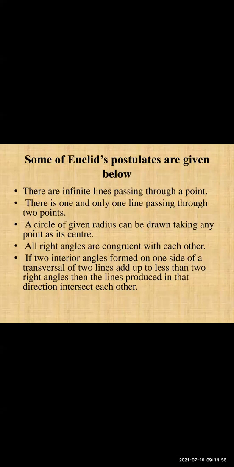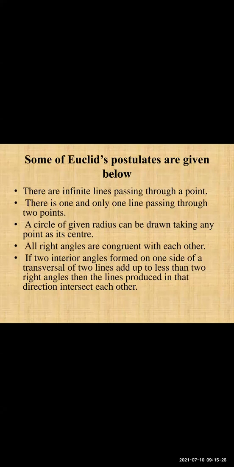We know all these things now, but in the ancient era, when there was no light or other possibilities, he invented all these things, and that was a very big success at that time. So the first one is: there are infinite lines passing through a point.